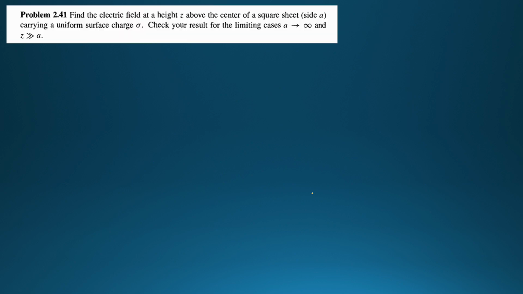Next question. Find the electric field at a height z above the center of a square sheet of side a, carrying a uniform surface charge density sigma. How to solve it? First of all, you need to remember the electric field for it.